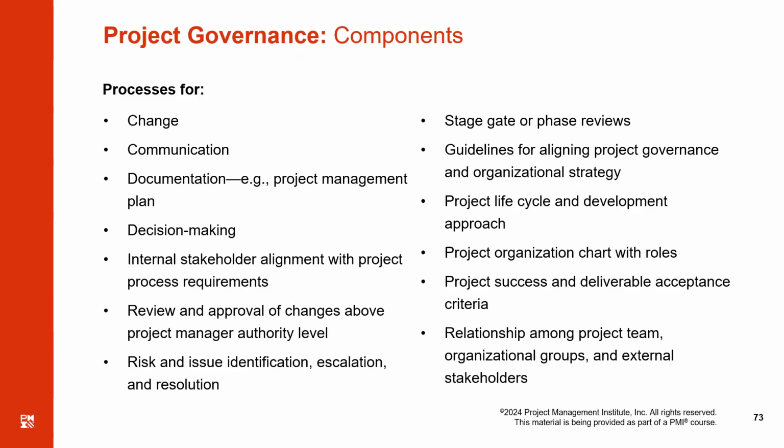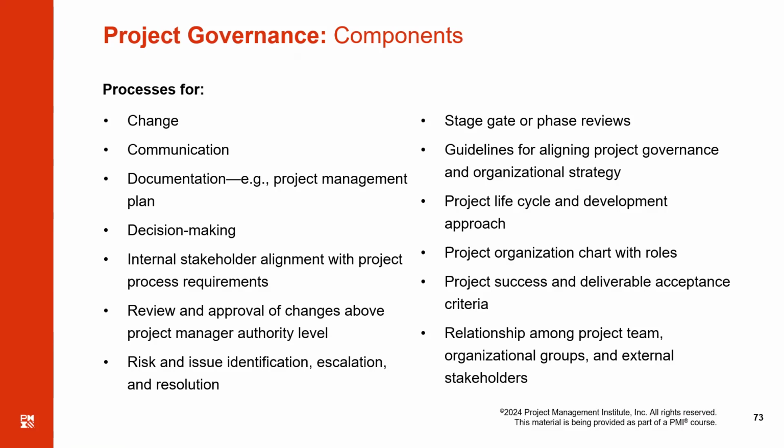How are they identified? How are they escalated? How are they resolved? And if you are doing a predictive project, you might divide it into phases or stages. So governance tells us whether it can be divided into stages or phases, and if at all, what the criteria should be.